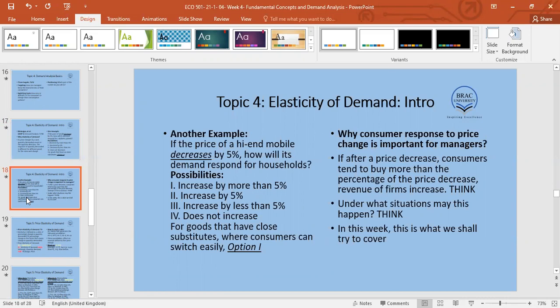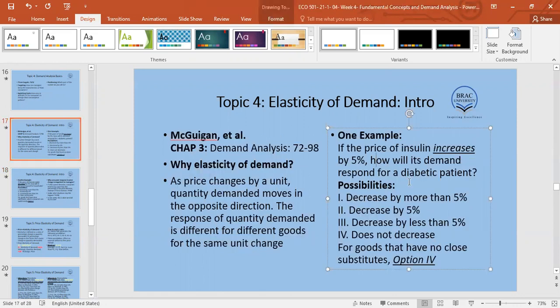So if a business manager knows what elasticity of demand is, i.e., how responsive demand is to a change in price or some other factor, then that business manager can target or position the particular commodity. If the price increases by 5%, in the case of insulin injections, and people are still going to buy the same amount of insulin because its demand is not related to the price but rather to your health condition, then total revenue of the firm will increase.